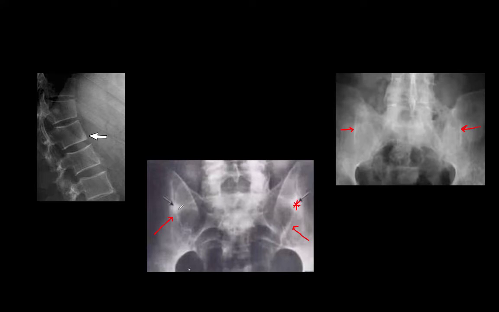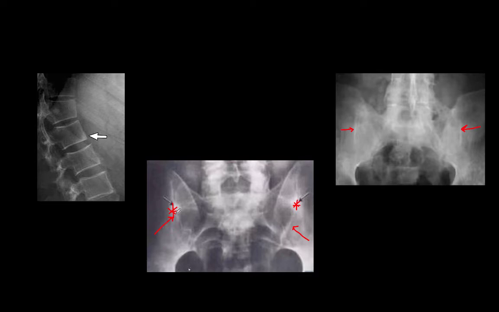They call this star sign. That's what these black arrows are pointing to, a little asterisk-like density occurring at the top of the SI joint. So those are the common pelvic findings: bilateral sacroiliitis, progressing to fusion, and star sign may or may not appear.